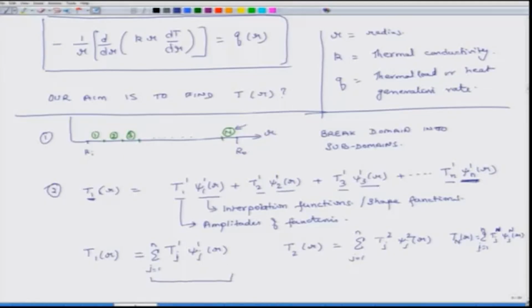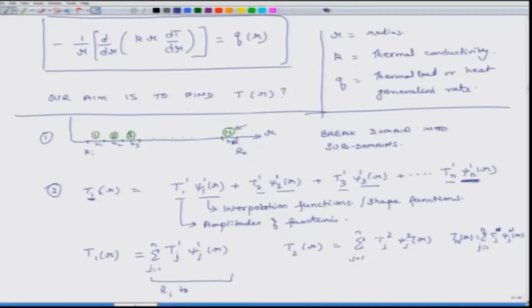This function is valid from x0 to x0 plus h1. Let us say h1 is the length of the first element. Let us say this length is h1, this is h2, this is h3, and so on, and this is hN, big N. The first function is valid only there. After that, the element does not exist, so we do not have to worry about that function. So the first function will be computed only from... I am sorry, it should not be x0, it is r.